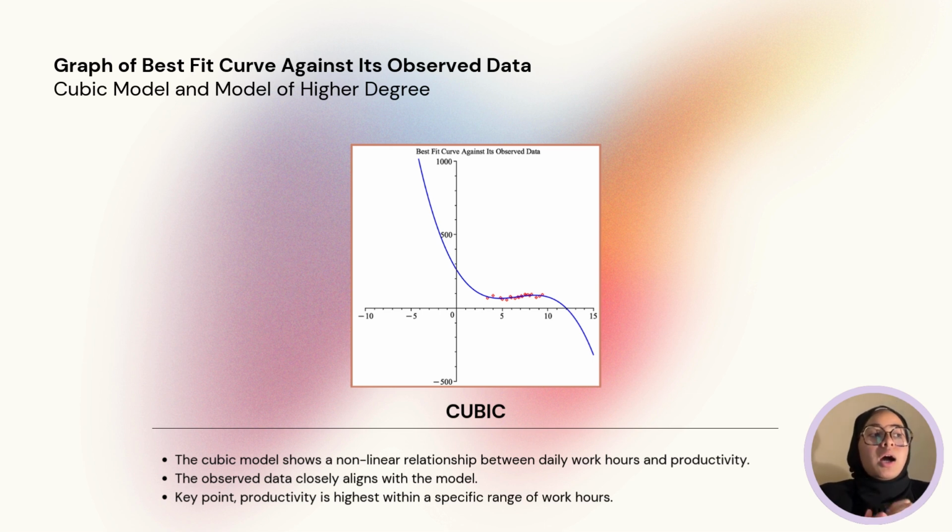However, for the very high work hours, like above 12 hours, there is mental workload that affects the person, because if we work for too long, our productivity levels will drop. So the key point for this cubic model is productivity is highest within a specific range of work hours, highlighting the impact of balancing work time.